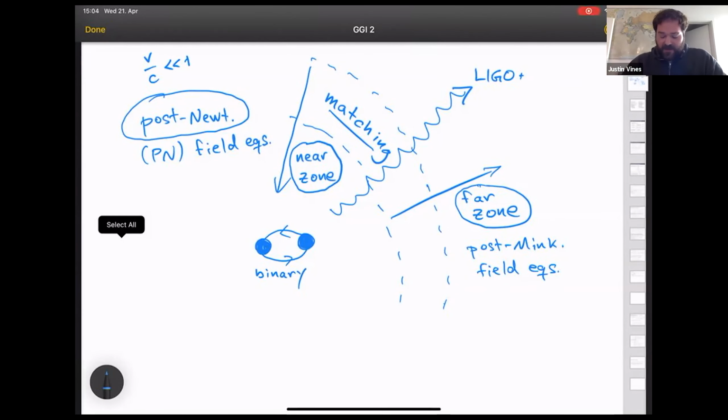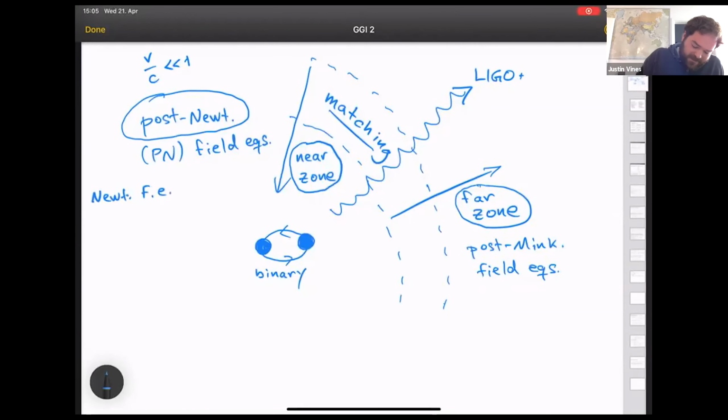And one of the main points I want to get across throughout both lectures today and tomorrow is how in this traditional approach, the post-Newtonian field equations, let's say, and let me start with even the Newtonian field equation.